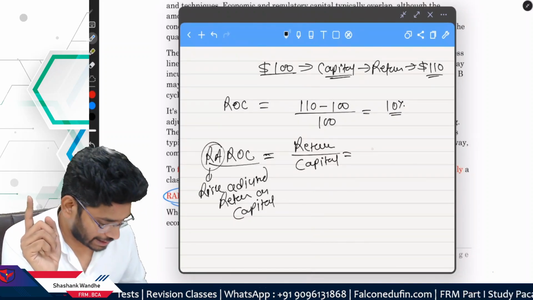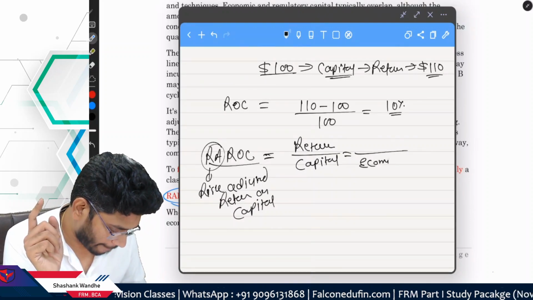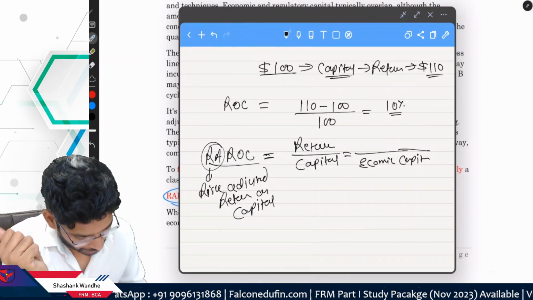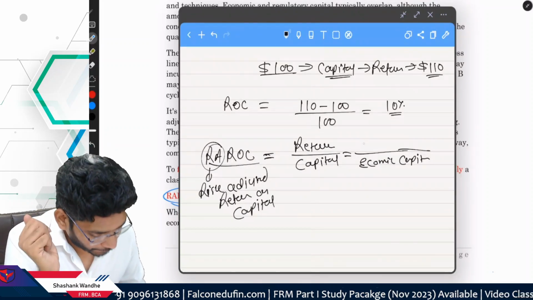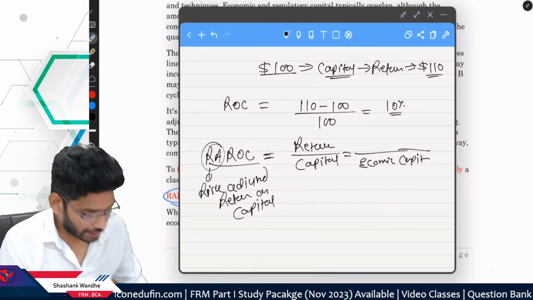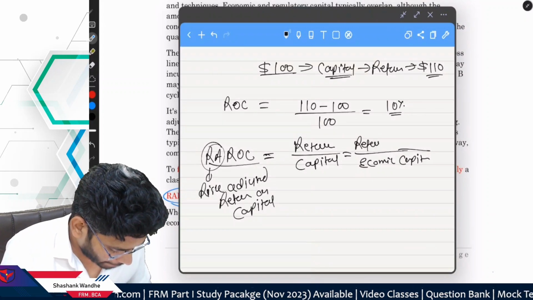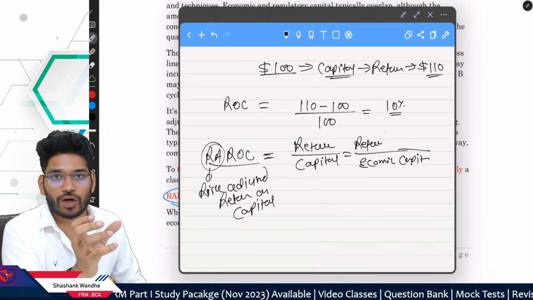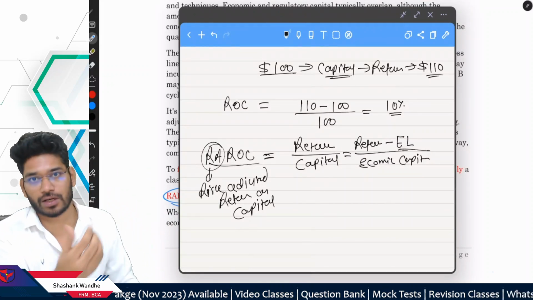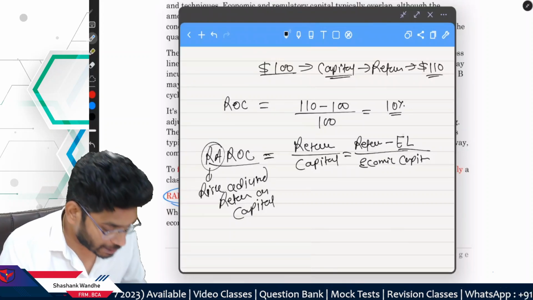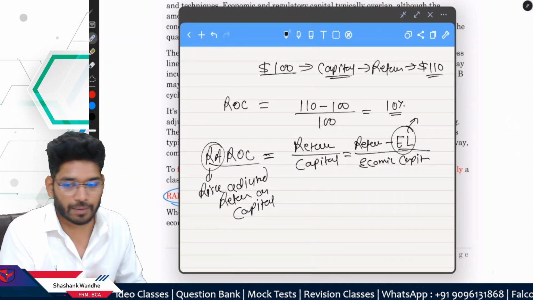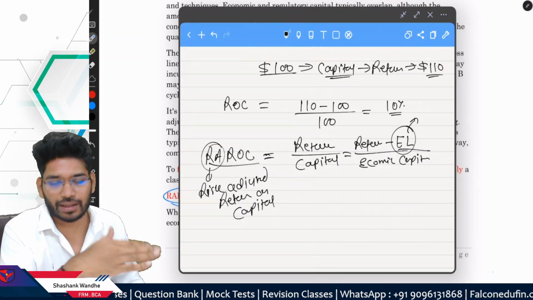For a bank, this capital is economic capital, and please remember this is not the regulatory capital. In return, you can have normal income minus expenses, or revenue minus expenses, and you will get the return. But we want risk adjusted return. We want to give the adjustment for risk, and that's why we will reduce the expected loss from this return. This expected loss is not actually adjusted in your balance sheet or profit and loss statement, but it is only adjusted in this particular calculation.